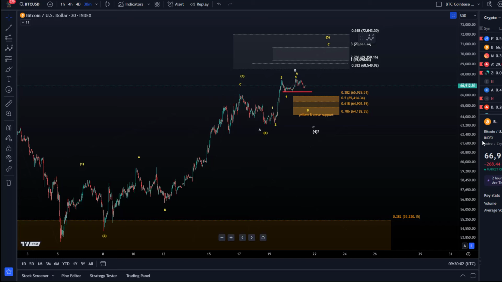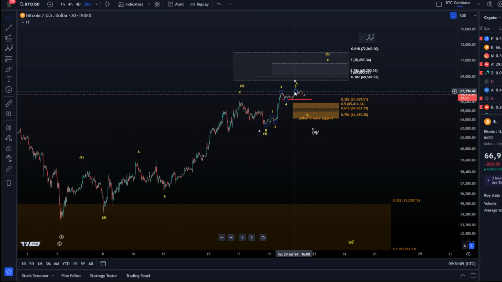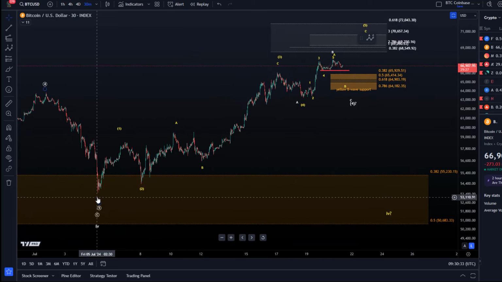We take a look at the movement from the 5th of July low, which has formed a 5-wave pattern to the upside. There are a couple of possible interpretations here. What is really important, and I think that's really the most important thing, is that we can now identify that 5-wave pattern to the upside that we've been watching for since the 5th of July as a first confirmation that we have a lasting low in place on the 5th of July, or since the 5th of July.